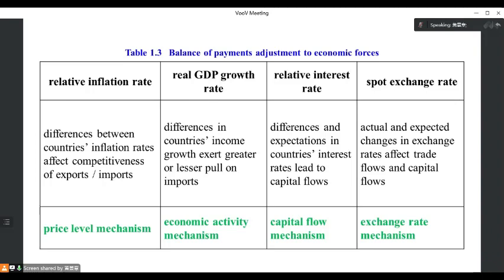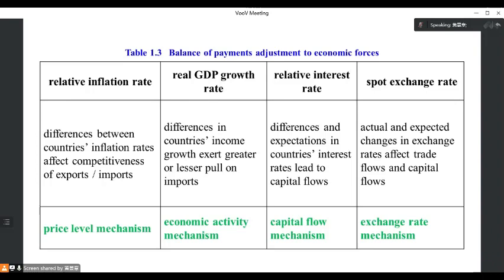In another way, when the country's real GDP growth rate increases, it means this country can export more goods or services to foreign countries.